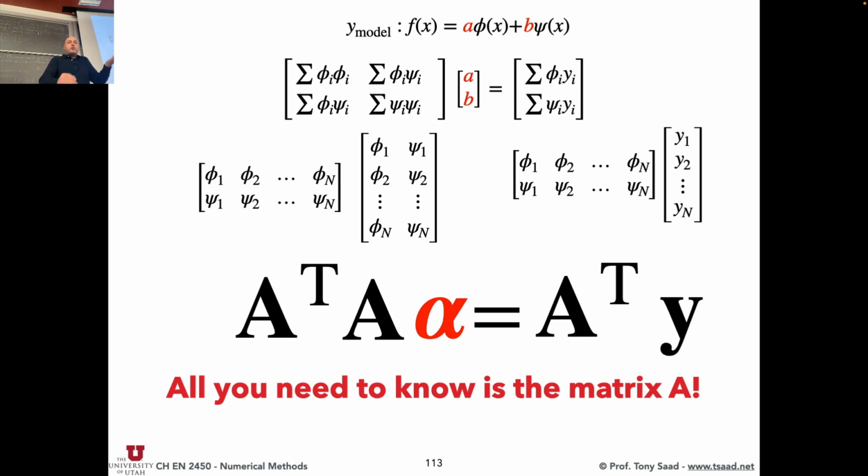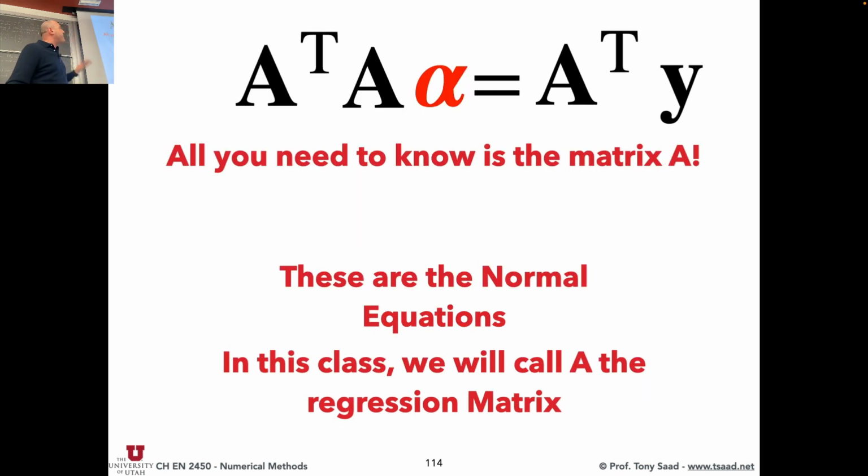But this is it. All you need to know is A. This is a very, very powerful statement because we no longer need to do any summations or complex differentiation to get to the normal equations. But it only applies to linear regression models. We're going to talk a little bit more later about nonlinear regression.